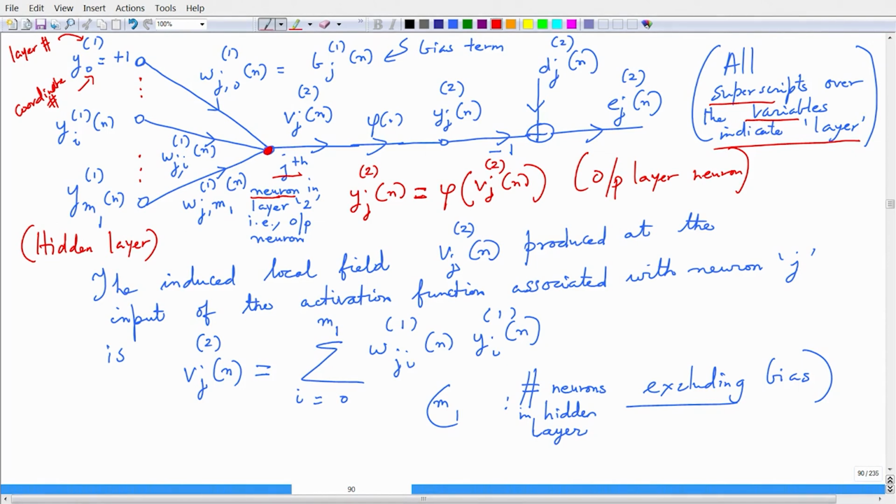Now we formulate the signal vj of n, which is basically the summation of your y0 times the corresponding synaptic weight.